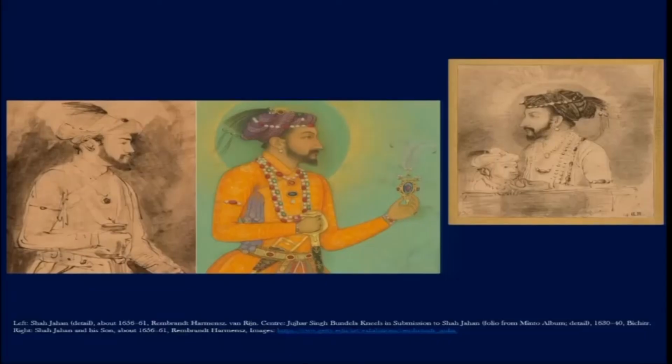In Rembrandt's depiction, he copied this image with ink and charcoal, and the prominence of the lines that we find in the Mughal miniature paintings, these sinuous flowing lines, are also reflected in Rembrandt's drawing.